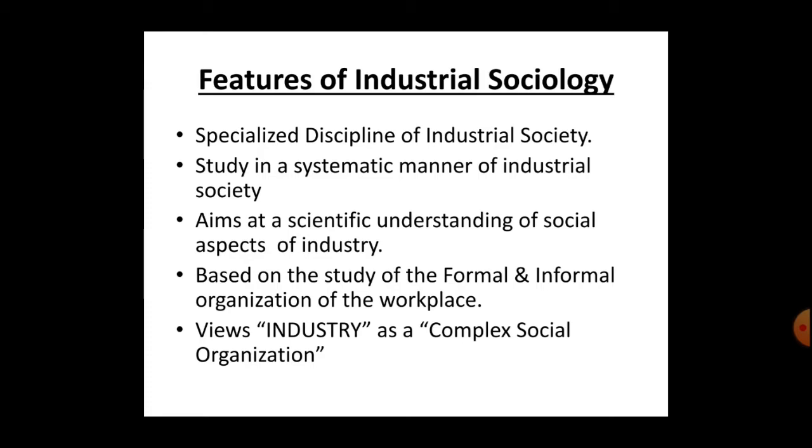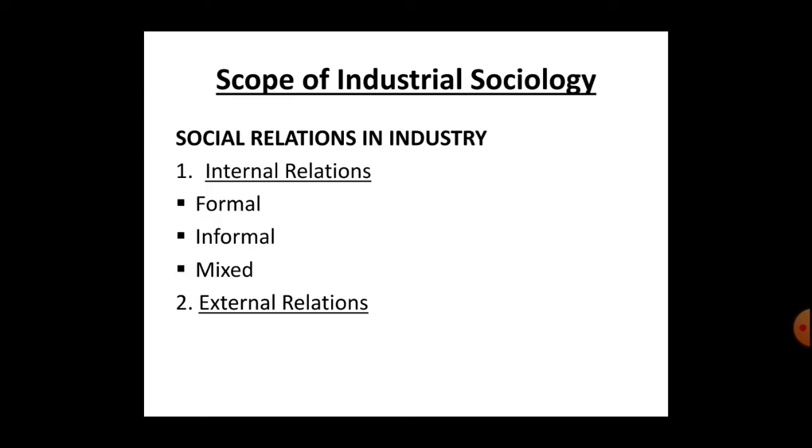The formal or informal structure of the organization at a workplace also affects the utilization and efficiency of resources, which directly affects industrial productivity. Industrial sociology views industry as a complex social organization because it has different problems which affect the overall economic development and growth.